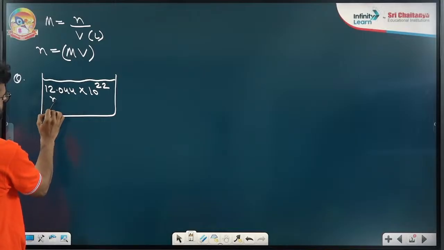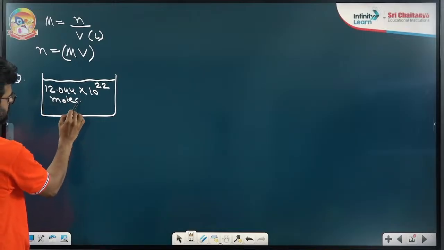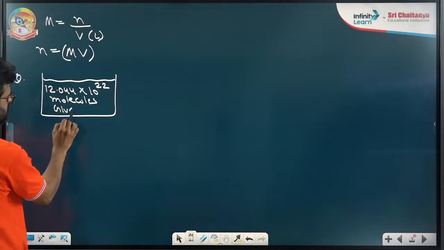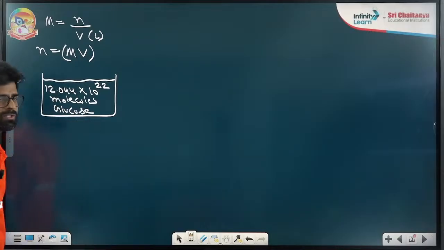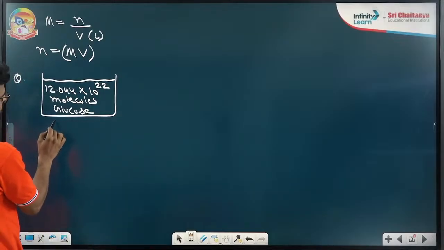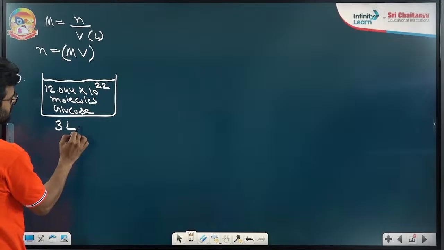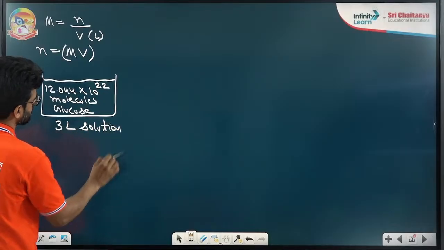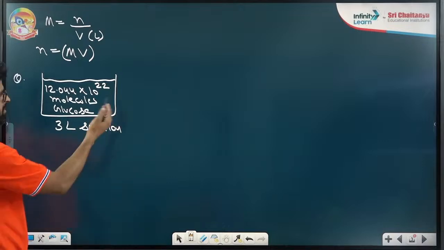We are having so many molecules of sugar, or sucrose, but I'm taking glucose only to make it easy. So many molecules of glucose are taken in this, and here we are having 3 liter of solution. Total volume of solution is 3 liter.